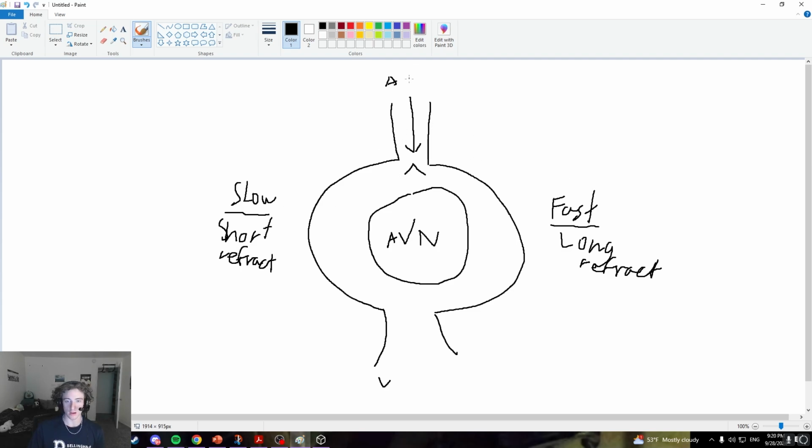So again, we start with a signal from the atrium, or like the SA node. We'll do that as a node being sent down. And normally the fast pathway beats it, and the slow pathway gets essentially inhibited by that signal that comes and travels back around.